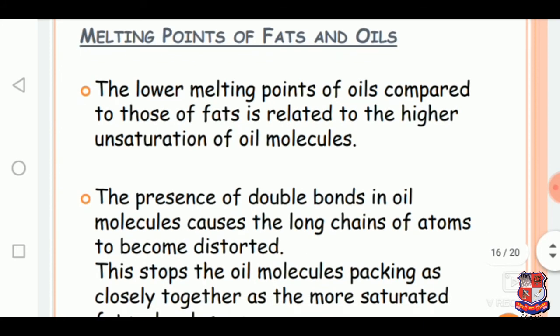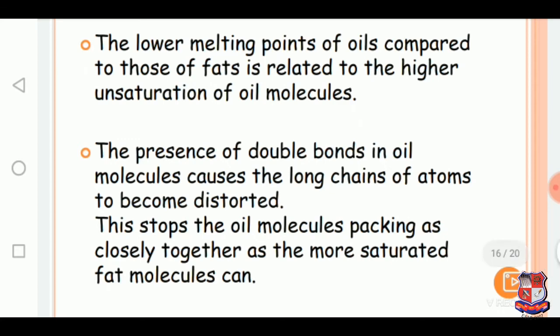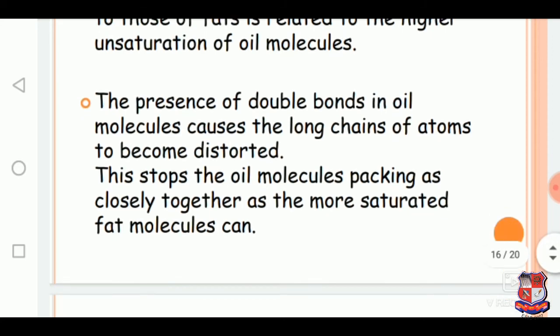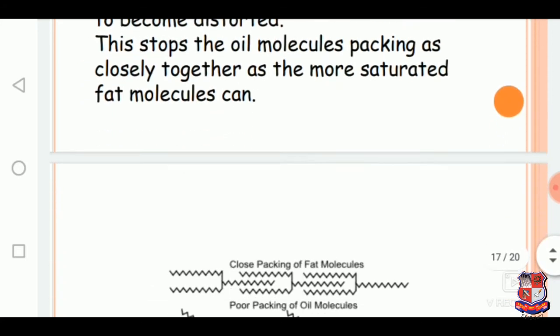Melting points. This is a physical property of fats and oils. The lower melting point of oils compared to those of fats is related to the higher unsaturation of the oil molecules. The presence of double bonds in oil molecules causes the long chains of atoms to become distorted. This stops the oil molecules packing as closely together as more saturated fat molecules can.